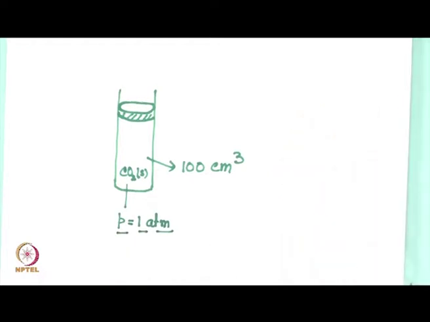Now, let us realize that based upon the phase diagram of carbon dioxide, carbon dioxide cannot exist in solid form at 1 atmosphere and 20 degrees Celsius.